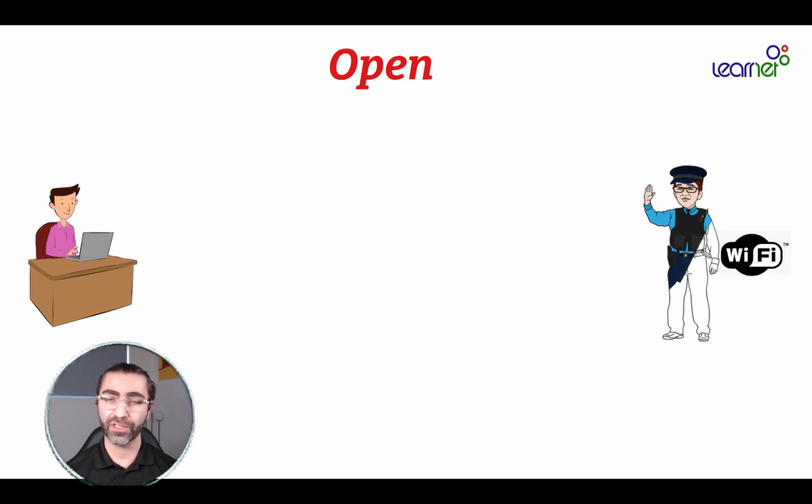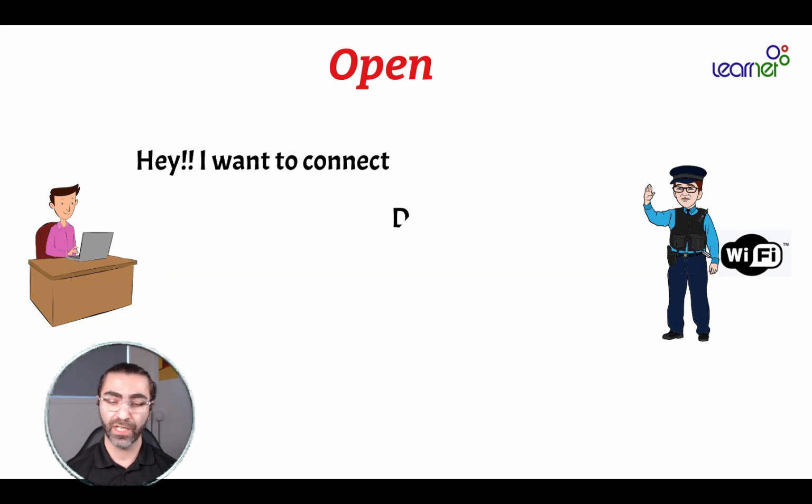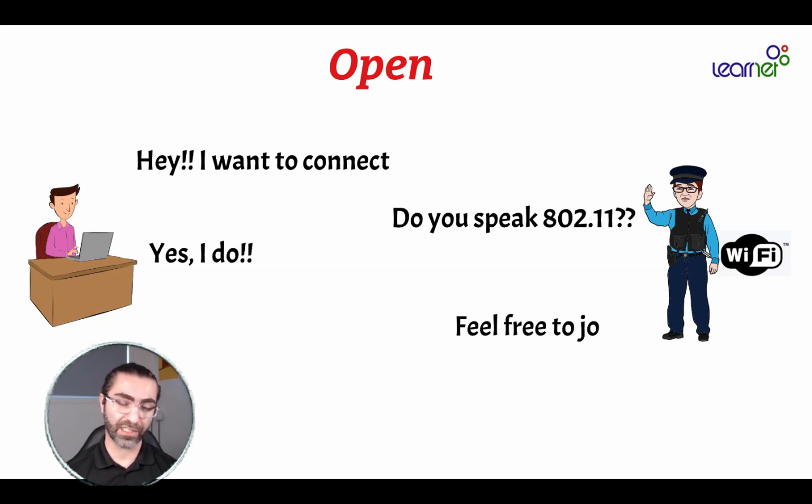So you can see this conversation between the endpoint and the wireless authenticator, which could be your wireless access point, wireless controller, etc. First, the client sends a request to access the network. Then the access point asks if you're able to talk 802.11, and the computer says yes. And then, okay, you're free to access the network. As I said, this simply means no authentication.